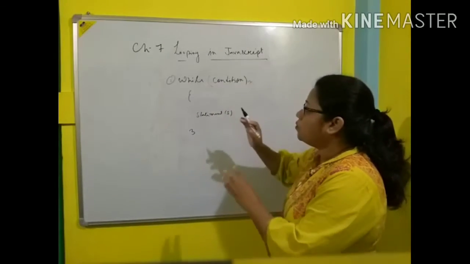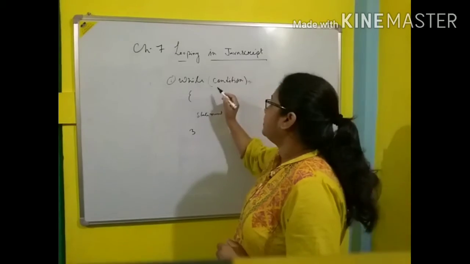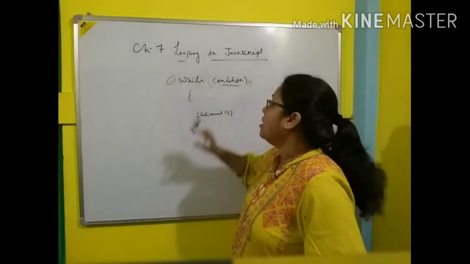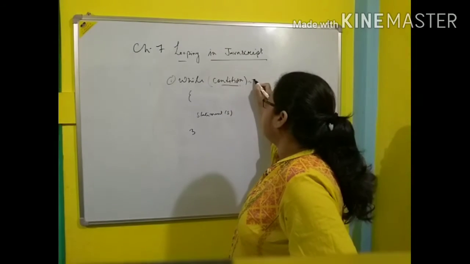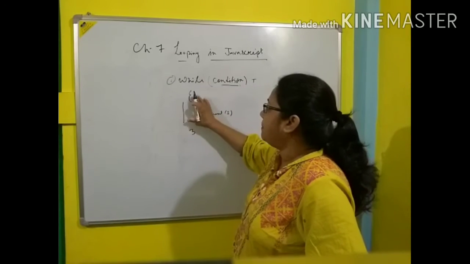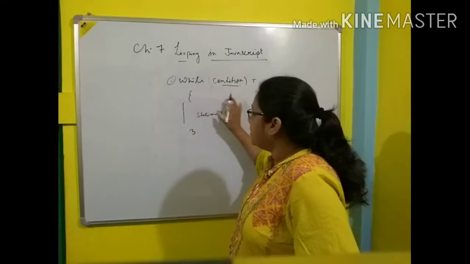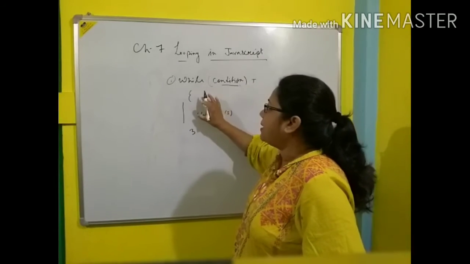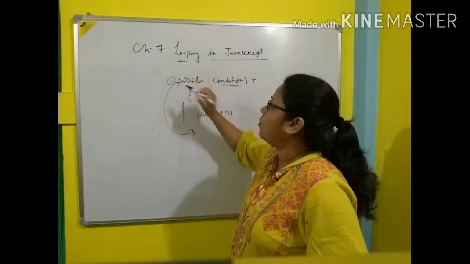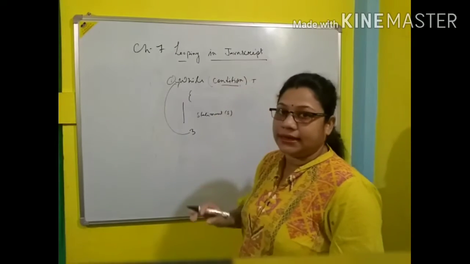Okay, students. So when you execute the program for the first time, the computer checks the condition that you put inside the while. Now, if the condition becomes true, then it will execute the body part of the while loop. Okay, so after executing this body part of the while loop, the control again passes to the while loop, and the computer again checks the condition.